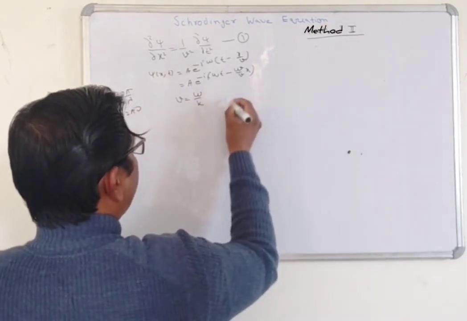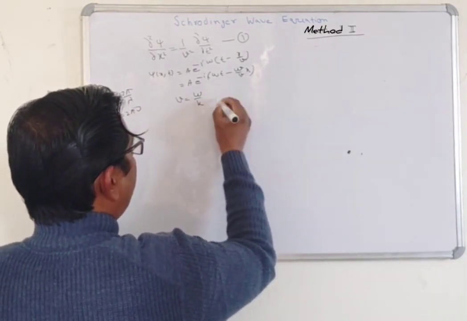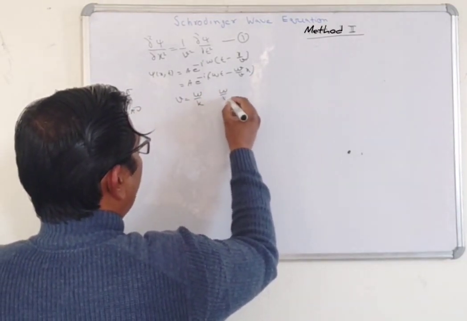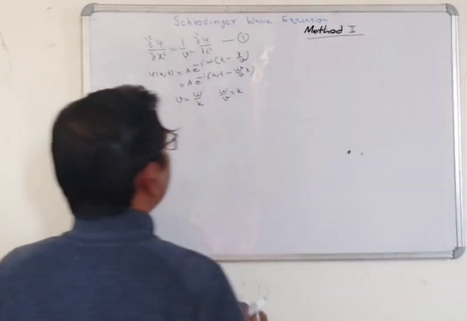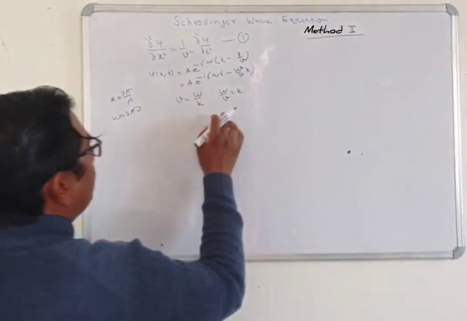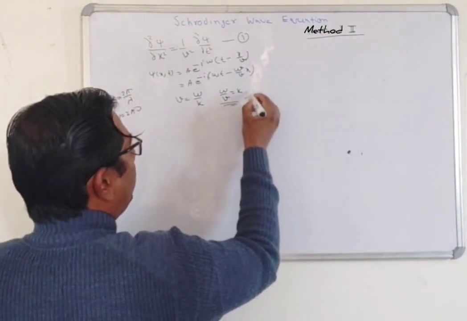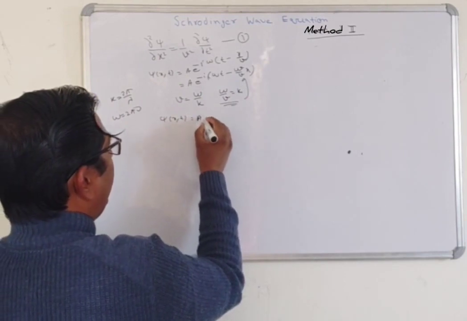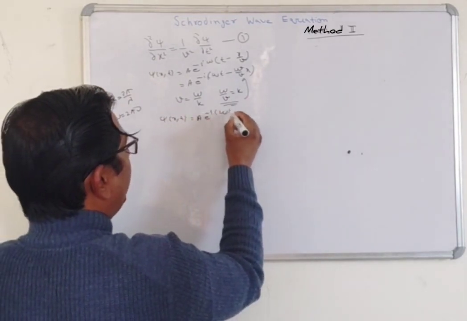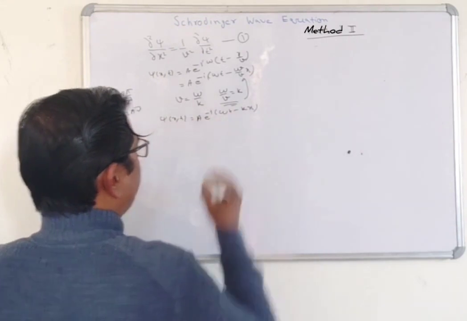So now you can see here that omega by v is equal to k. When this value is put here, the wave function can be written as A e to the power minus i (omega t minus kx).